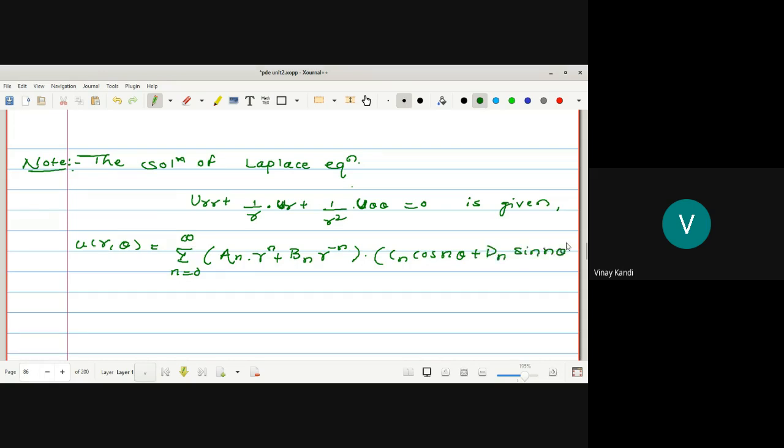The proof is not necessary. This statement you have to use in the next theorem.